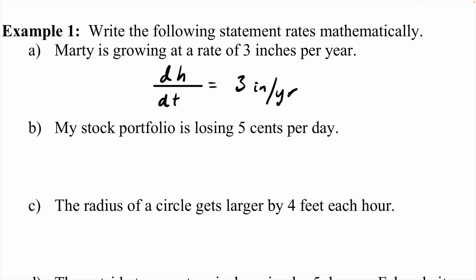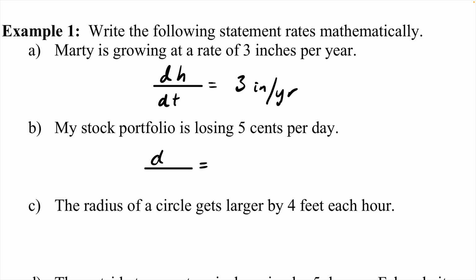Okay? My stock portfolio is losing 5 cents per day. So how do we write that? So D, we're not going to use H because H is height. This is not height. For quantity, what is the quantity here?